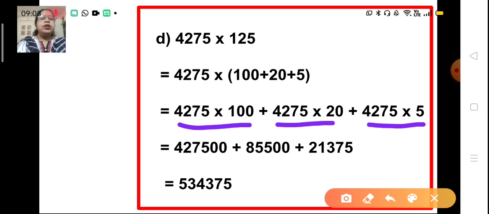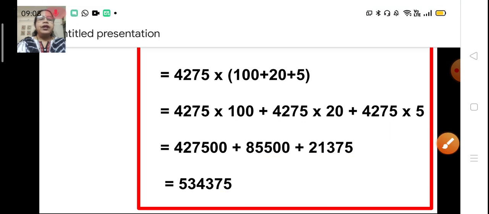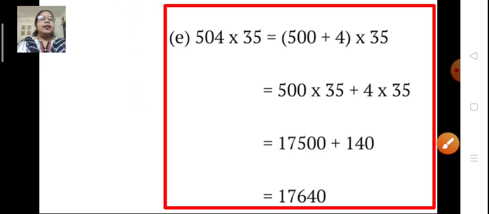So, what do we get? We get 4,27,500 plus 85,500 plus 21,375. So, what is the answer that we get? We get the answer 5,34,375. So, by using the distributive property, we have solved the problems very easily, isn't it? Now, let us look at the next one.